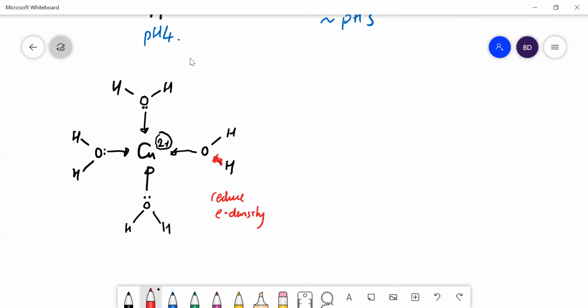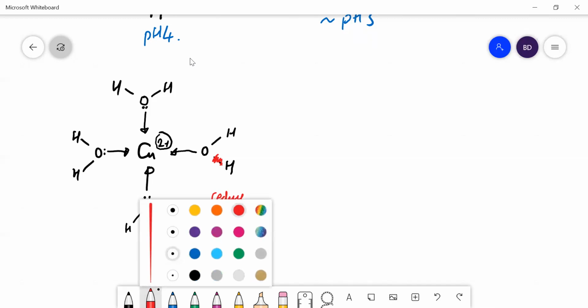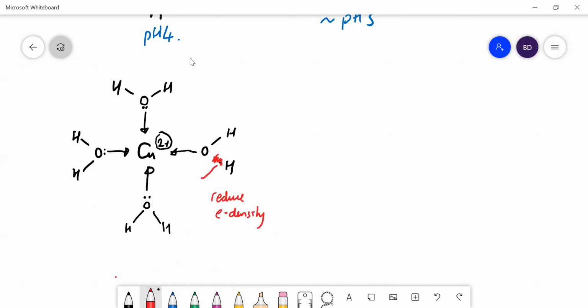If you draw a curly arrow, that pair of electrons goes from that bond onto the oxygen, and that water becomes an OH minus, if you like. The charge is obviously spread out, but you think there's 2+ on the copper and a 1 minus on the oxygen. It's caused by the electron withdrawing effect of the central metal ion.